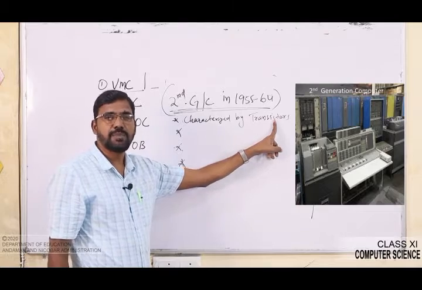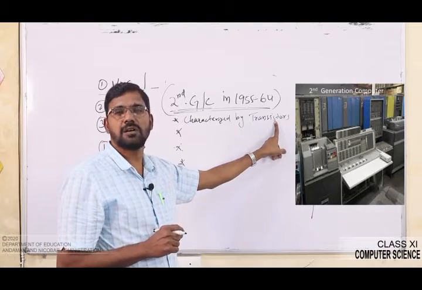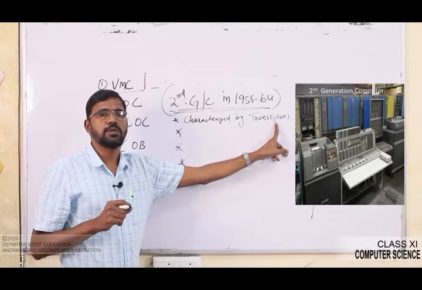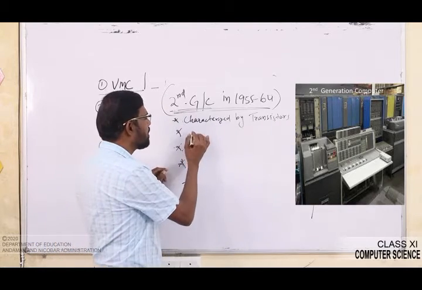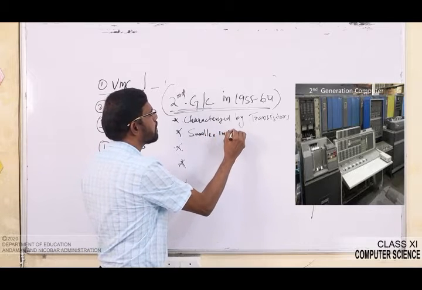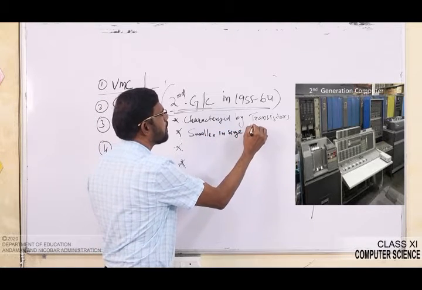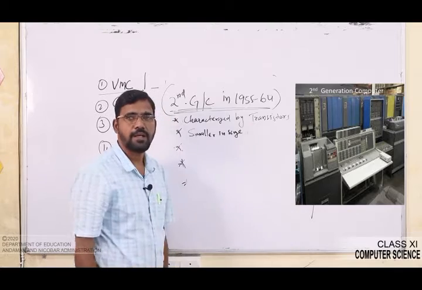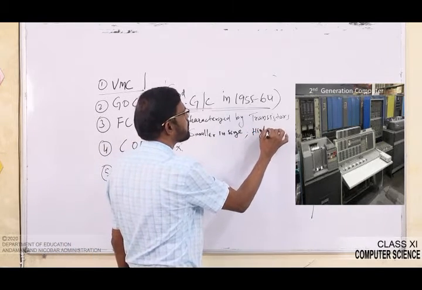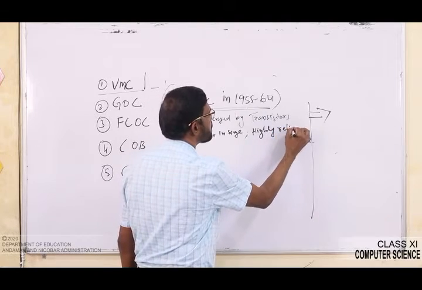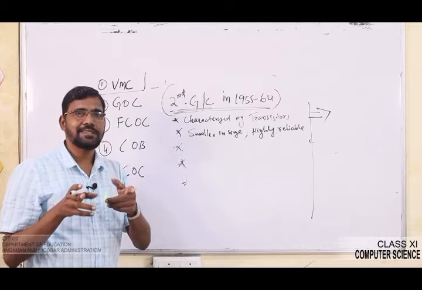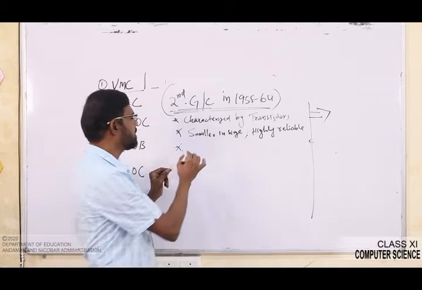That transistor is made up of silicon, called a silicon semiconductor. Silicon is smaller in size, so highly reliable, so it consumed less electricity and generated less heat.